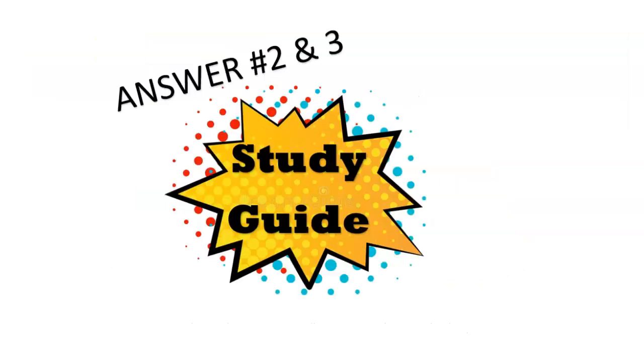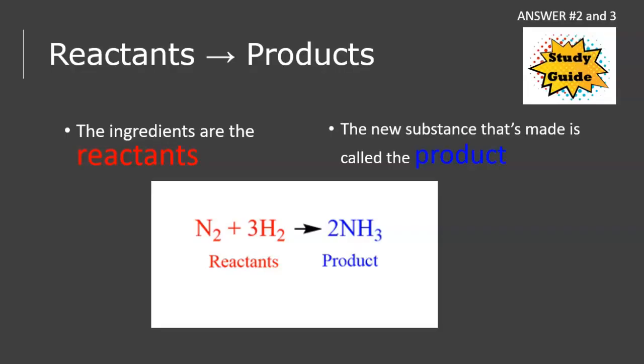Okay, so the answer to study guide number 2 and 3 here is, on the left side here, you're going to see the reactants. Think of the ingredients that you would use to make or bake a cake or cookies. The ingredients that you add to make the cookies are called the reactants if you're talking about a chemical reaction.